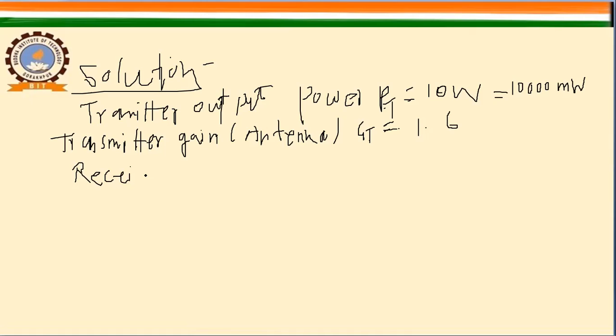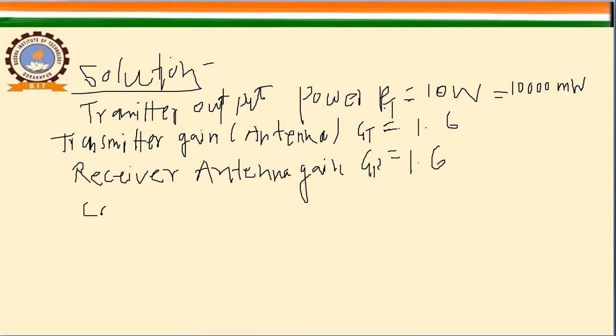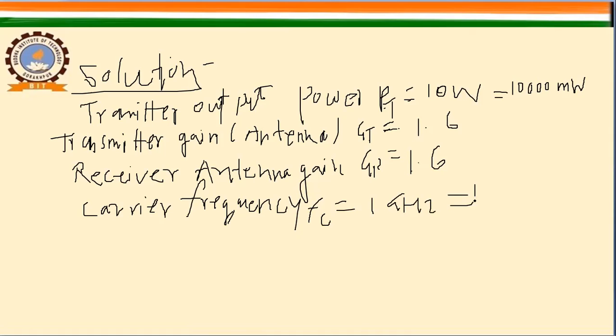The receiver antenna gain G of R is unity, so it is the same 1.6. The carrier frequency is 1 gigahertz, which should be calculated in megahertz, so converting, it is 1000 megahertz.